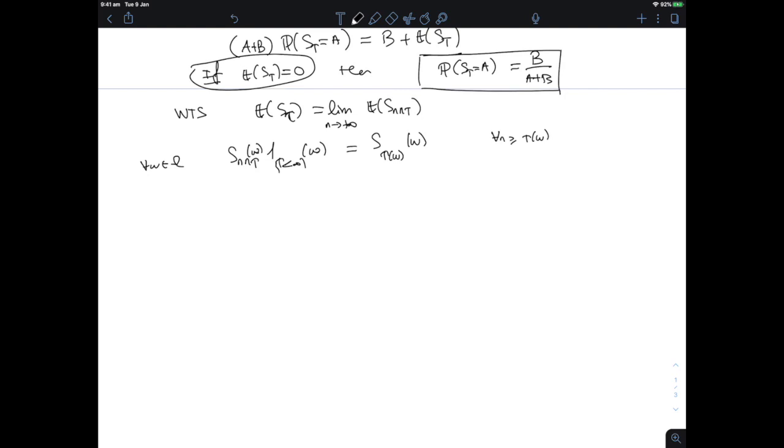So if the sequence is eventually constant, that means that its limit, at such a point omega, is necessarily equal to S tau of omega. All right, so whenever tau is finite, then the limit of S_n minimum tau is S of tau.